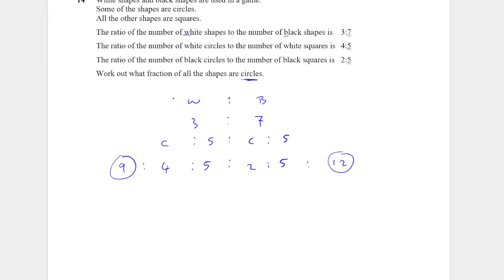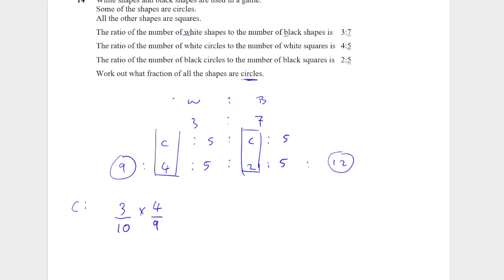Okay, so if we think about this, 3/10 of them, this is the key information. If I just look at circles, we've got 3/10 that are white, and then 4/9 of those are circles.